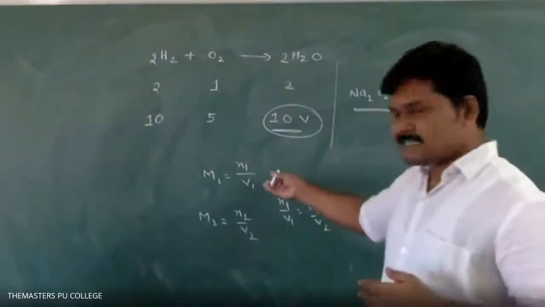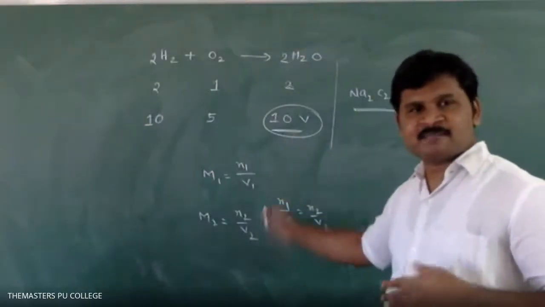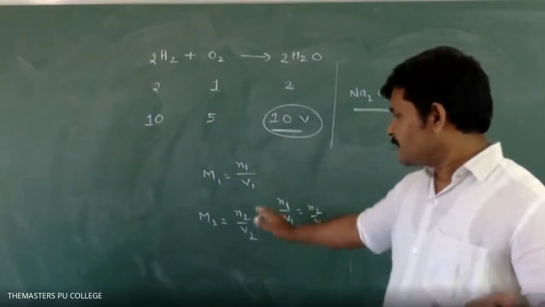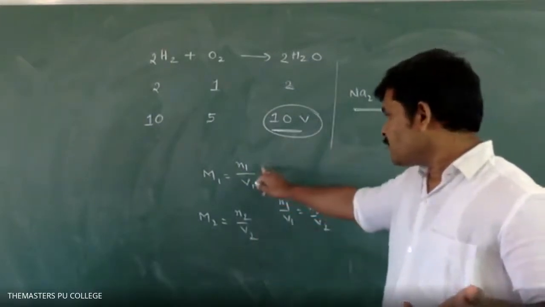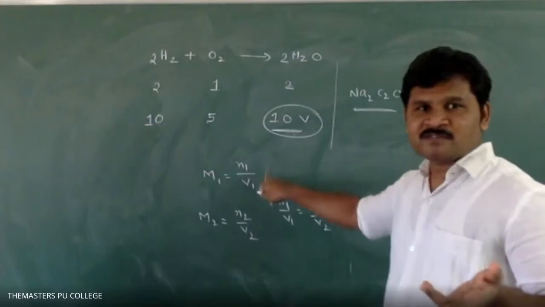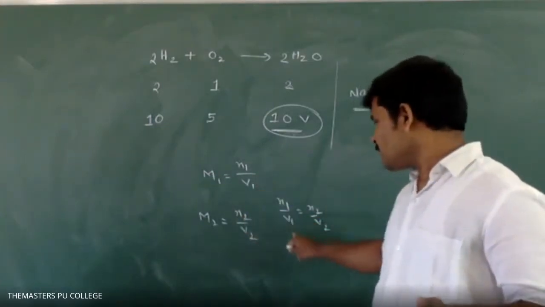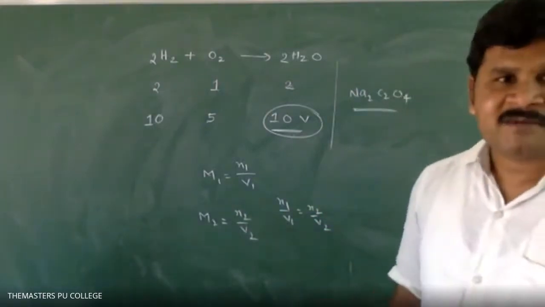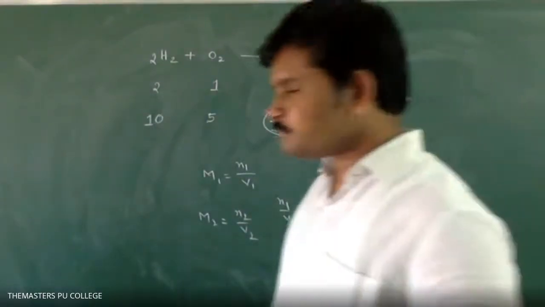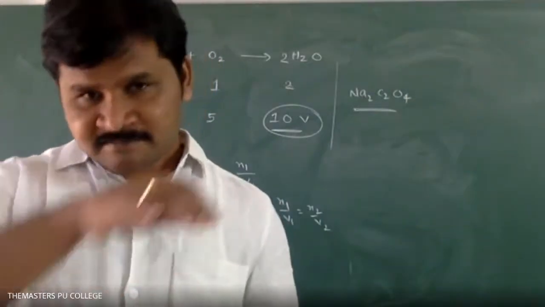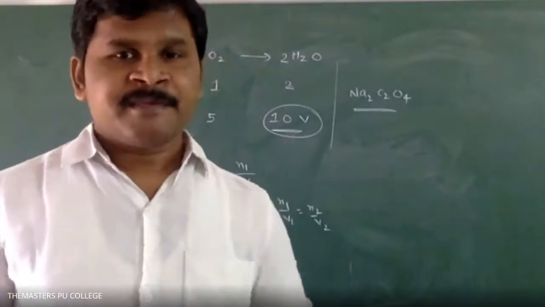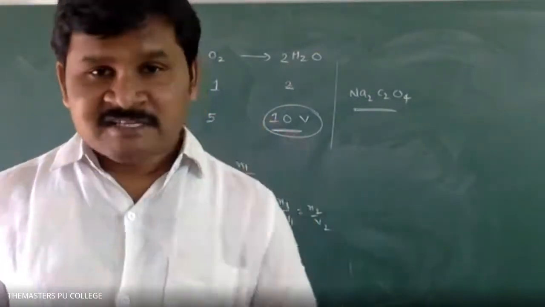This is just a calculation. Two solutions having same molarity: M1 I am taking, second one is M2. The formula given, number of moles per volume, is called molarity. N1 by V1 is equal to N2 by V2, or V1 by V2 is equal to N1 by N2. So do they have same molarity? Same molarity means, suppose you take H2SO4.